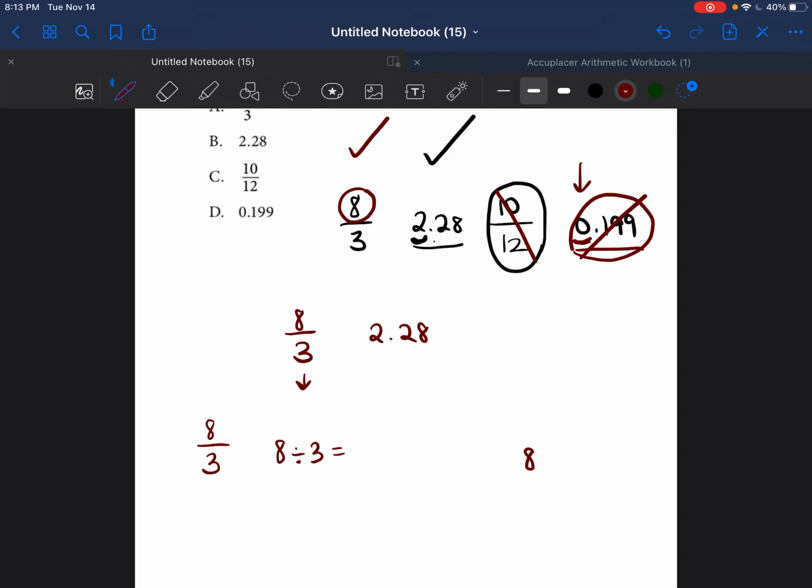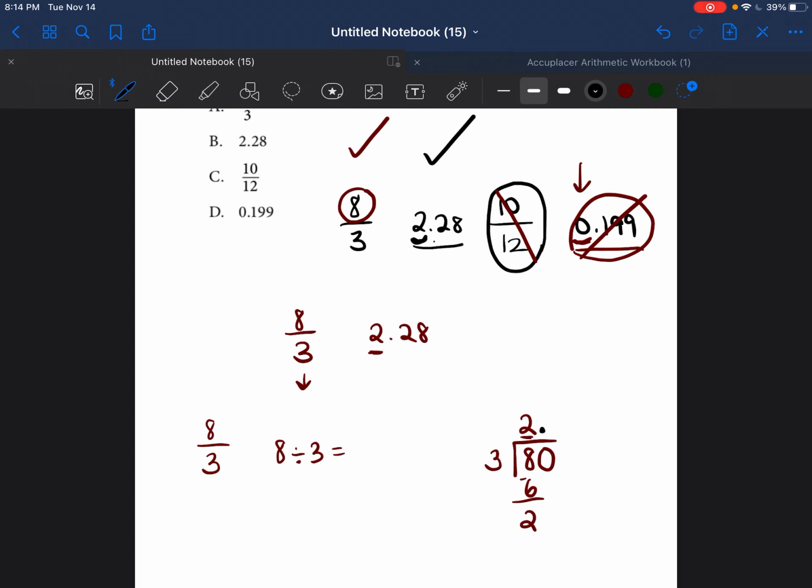So we're going to do the long division. 3 goes into 8 2 times. And then 3 times 2 is 6. Subtract, bring down the 2. We still need to figure out what comes after, because it starts the same as this other decimal. So we're going to bring down a 0. But remember, when we bring down a 0, we have to add a decimal point to our answer.